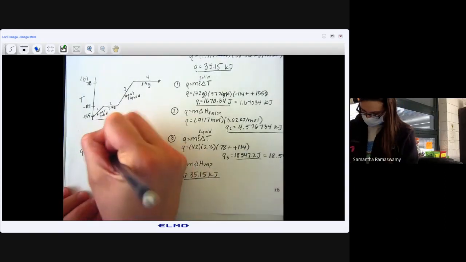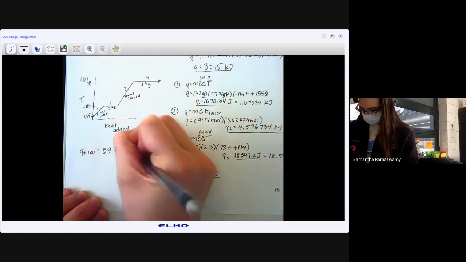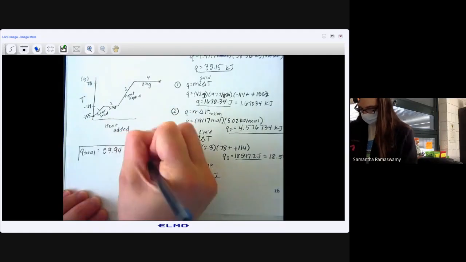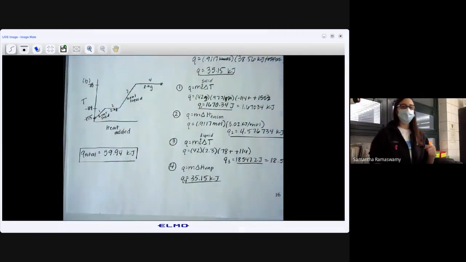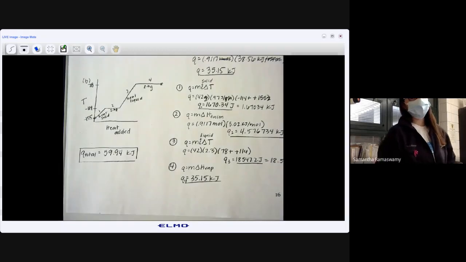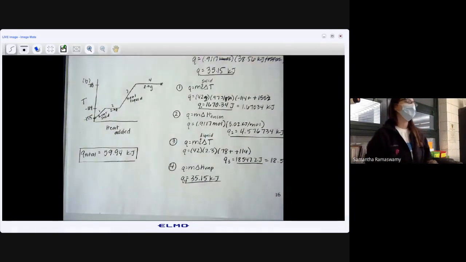And I got 59.94 kilojoules. So the total amount of heat needed to take ethanol from a solid at negative 155 degrees Celsius all the way to a gas at 78 degrees Celsius is 59.94 kilojoules.